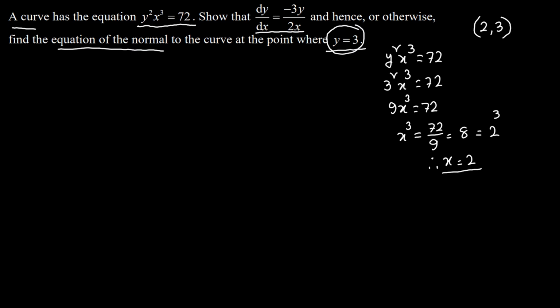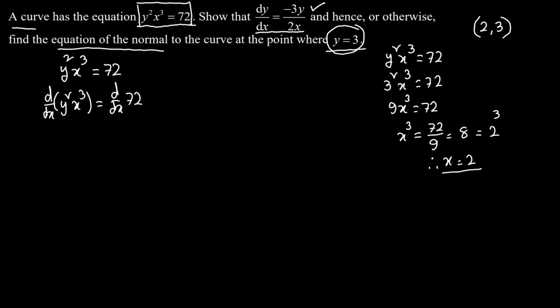The first part is actually asking us to show this expression from the equation, which is an implicit function. So let me write the equation y² x³ = 72. We're going to differentiate the whole equation with respect to x. Then we need to write d/dx of y²x³ on the left side, and on the right side the same thing, d/dx of 72.